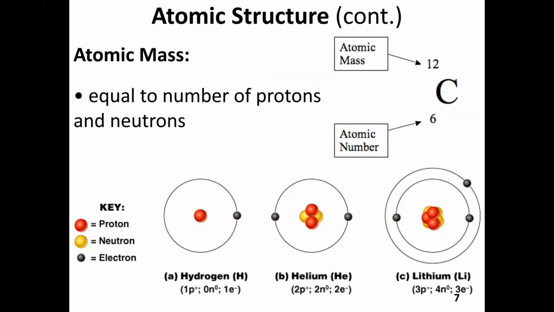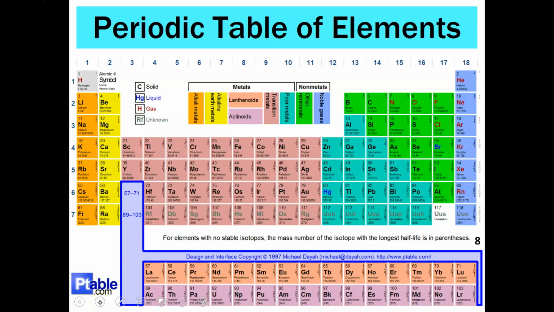When we look at a periodic table of elements, you see for every element, there's an atomic number and an atomic mass right down here. Masses are always going to be the average of all the different atoms.